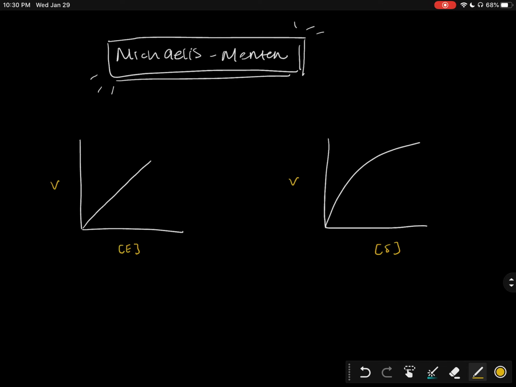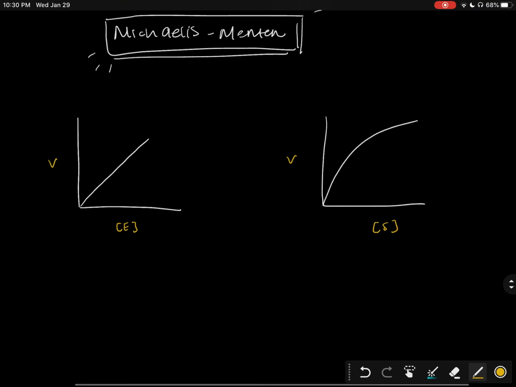To start off this video, I wanted to do a brief introduction so that we can understand why we're measuring what we are. We're first going to look at this graph that compares the observed rate versus the enzyme concentration.